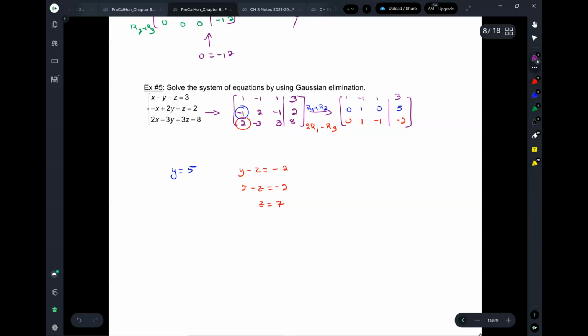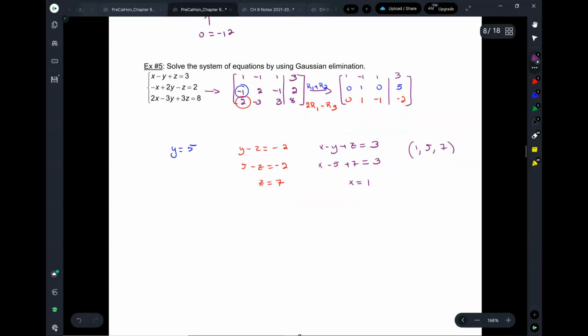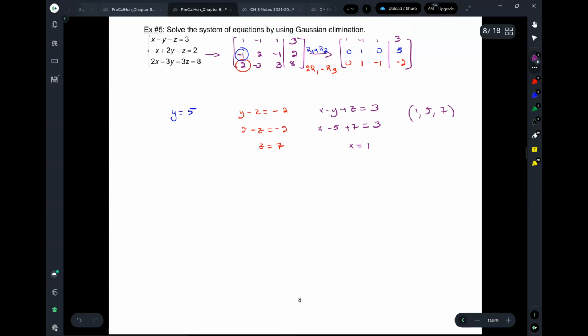And then from the top row, what do I have? x minus 5 plus 7 is equal to 3. x is 1. So I get 1, 5, 7. So, yeah, I brought the z over and took the 2 over. Okay? All right.